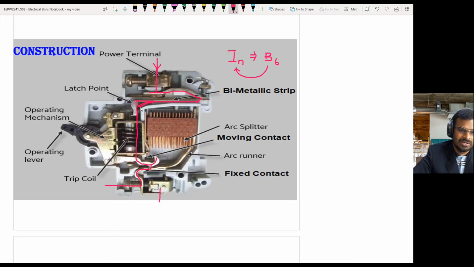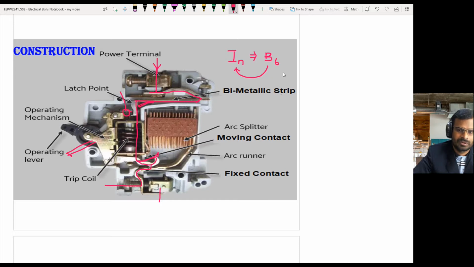When it bends, this is the latch point, and it will unlatch. When it is unlatching, this will come down and the moving contact will go up so that it disconnects the circuit.